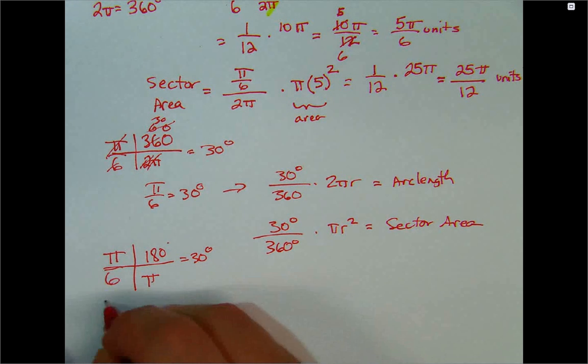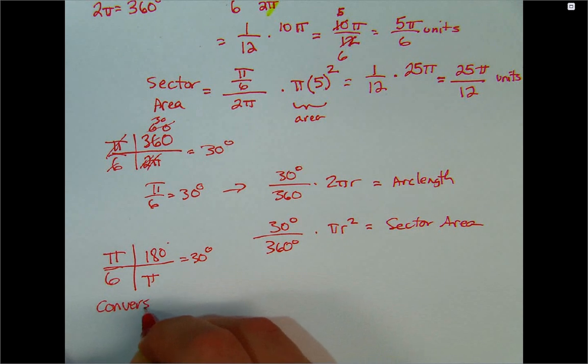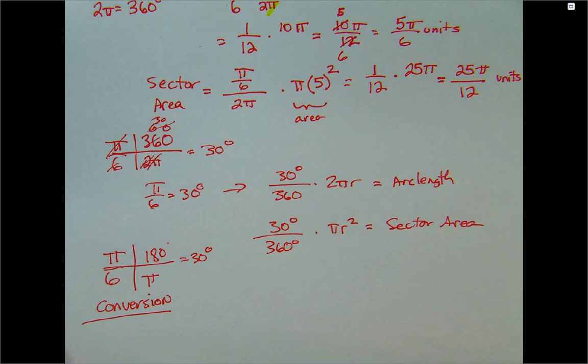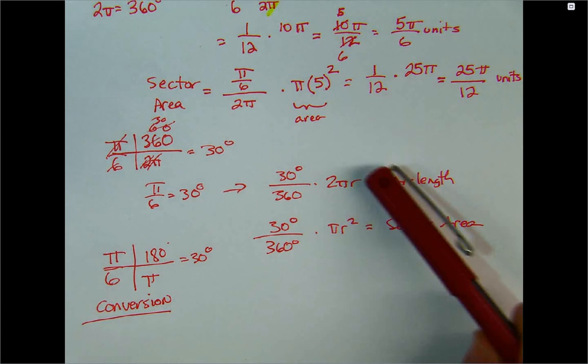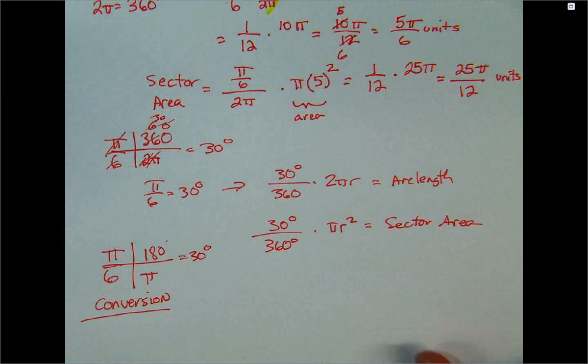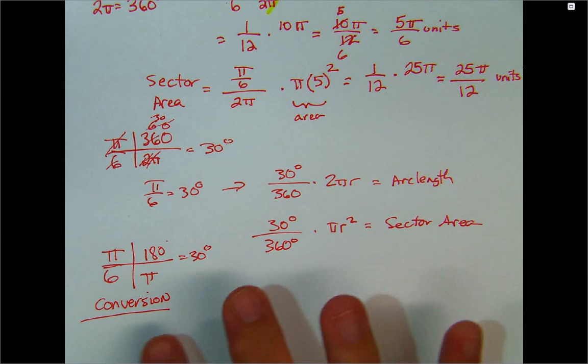And then you'll just end up using these two equations. So if you don't want to use your pi's and your radians and have to multiply by reciprocals of fractions and all that kind of stuff, and you want to just avoid that, a simple conversion right off the bat, and you'll be all set.